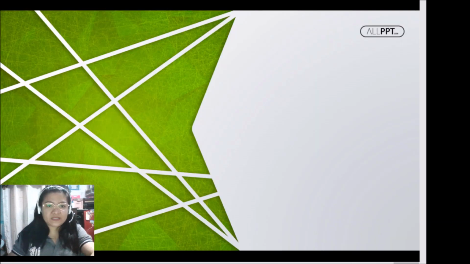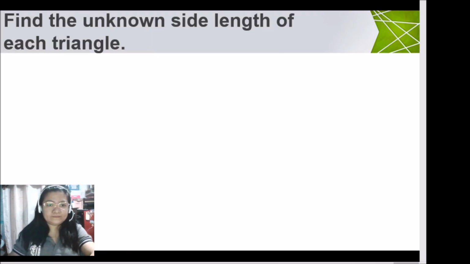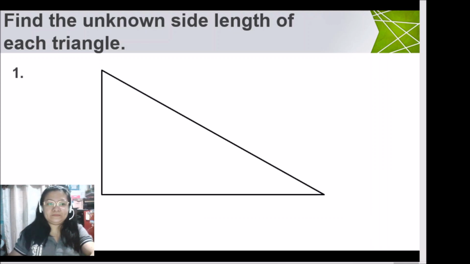Okay, let us have an example. Find the unknown side or the length of each triangle. Triangle number 1. The altitude is 1. The base is 2. Now we're going to find the hypotenuse.